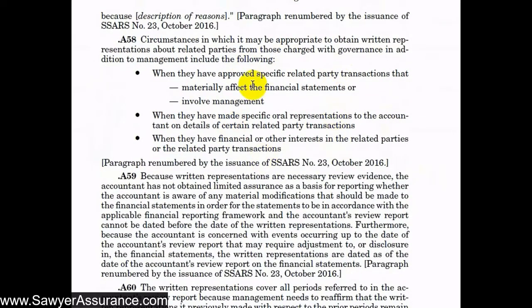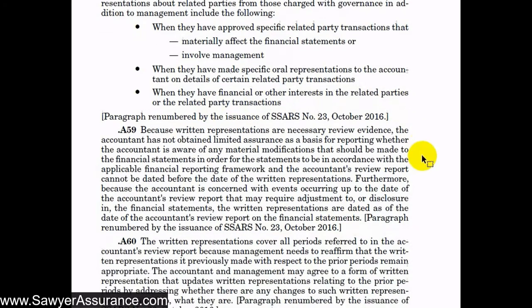Sometimes we might want to get representations from those charged with governance related to related parties. That might be in cases where those charged with governance have approved specific related party transactions that materially affect the financial statements or involve management, or when they have made specific oral representations to us on the details of certain related party transactions, or when they have financial or other interests in the related parties or the related party transactions.